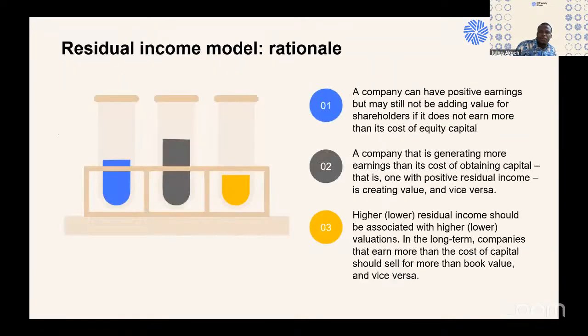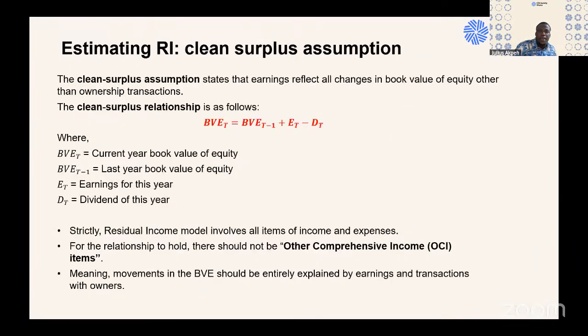Now, the clean surplus assumption is saying something. I've just explained something to you, let's put it aside and talk about the clean surplus assumption. The clean surplus assumption says that the movement in the book value of equity from one year to another should be fully explained by the P&L account. Or in other words, it should be fully explained by the earnings after tax and transactions with owners of the company.